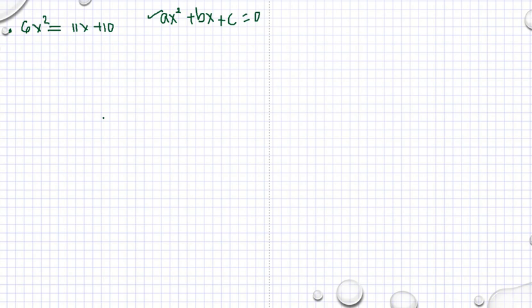Then if we subtract both sides of the equation by 10 and 11x, so we have minus 11x minus 10. This will be 0. So then we have 6x squared minus 11x minus 10 is equal to 0.